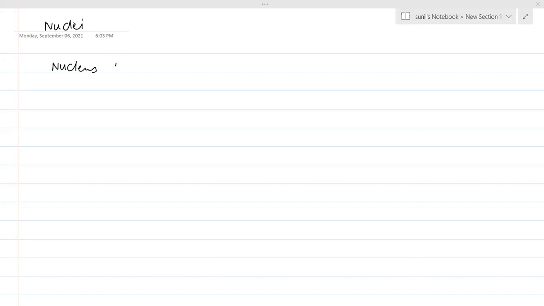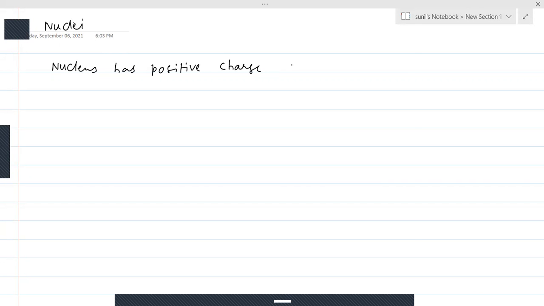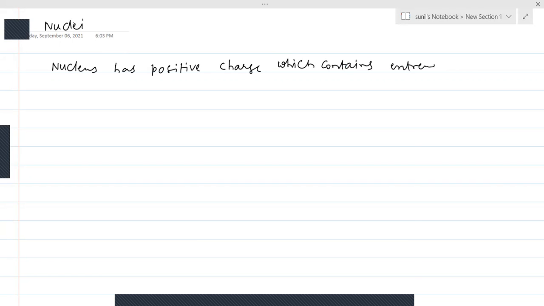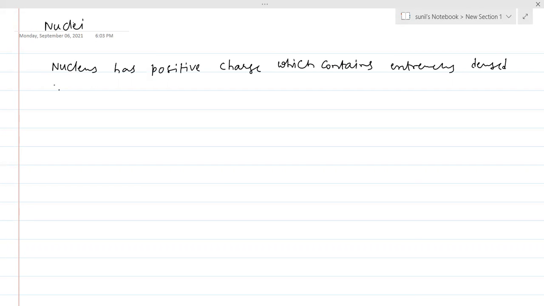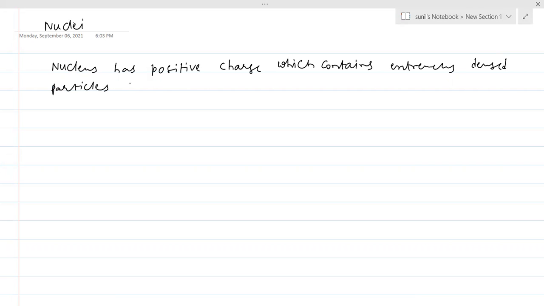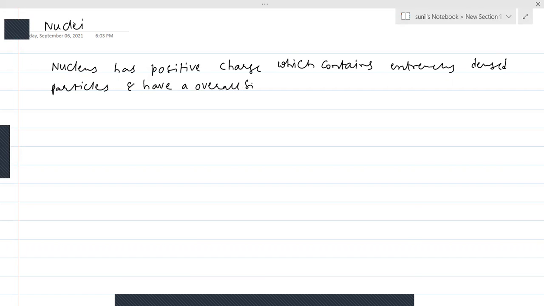The nucleus has positive charge, which contains extremely dense particles, and has an overall size smaller than the atom.